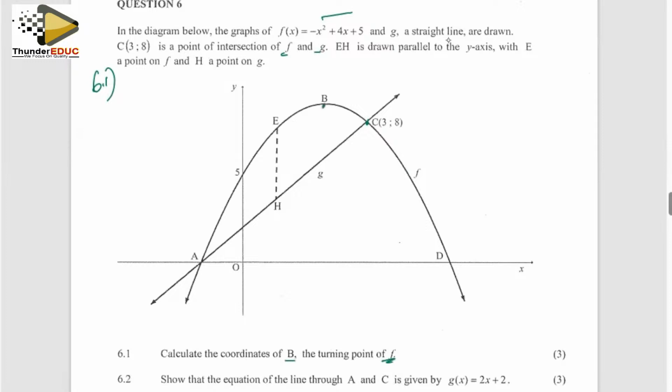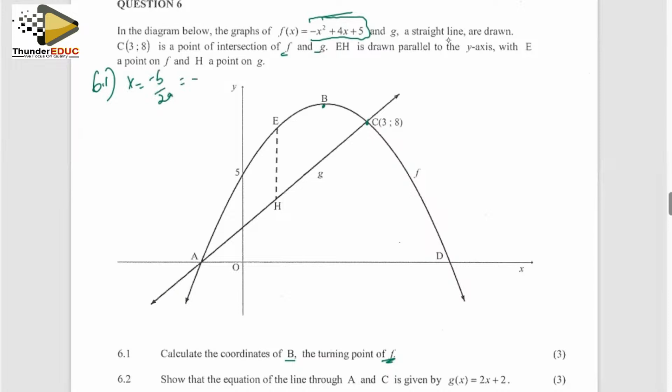Now, we were given the general format of a parabola. For us to get the turning point, it's your choice now as candidates of grade 12 because you know about calculus. You can use the calculus, or we can just use the grade 11 approach, negative b over 2a. So our b is a 4.